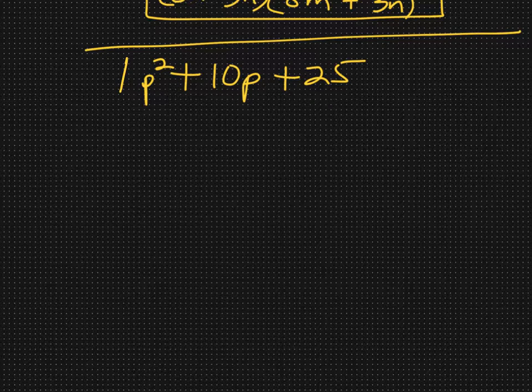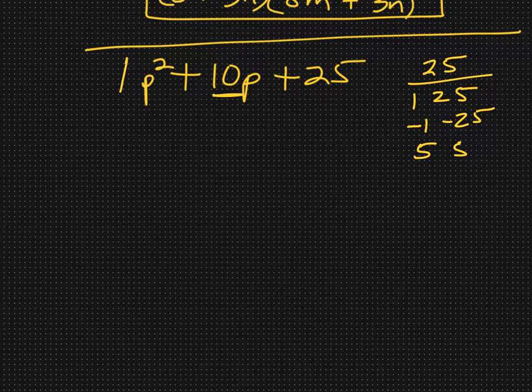So let's recall the shortcut. 1 times 25 is 25. Looking for 2 factors of 25 that add up to 10. 1 times 25 and negative 1 times negative 25 are a factor pair of 25, but they don't add up to 10. 2 doesn't go into 25. 3 doesn't go into 25. 4 doesn't go into 25. 5 does go into 25 5 times.